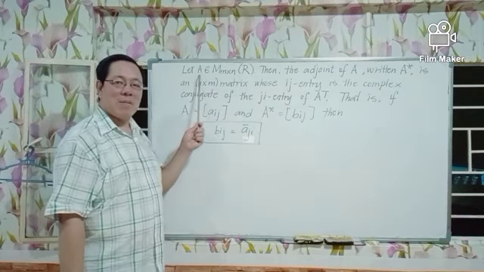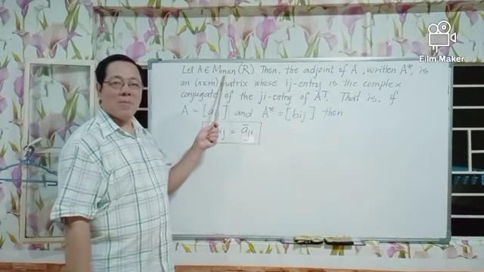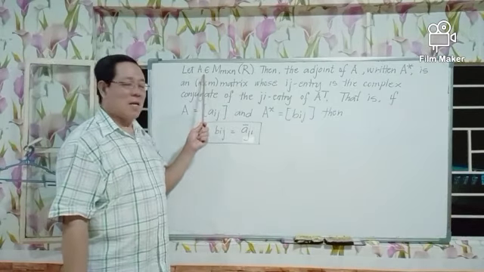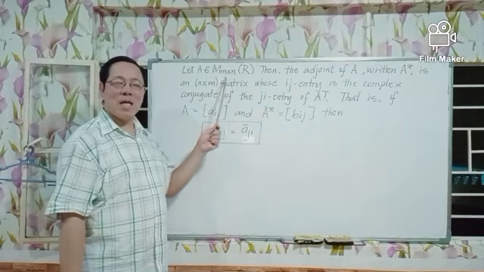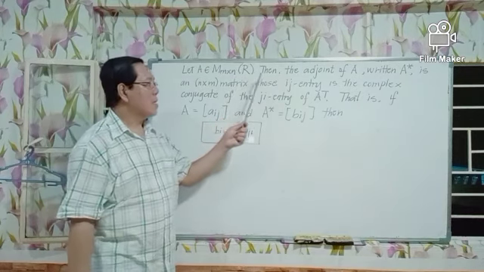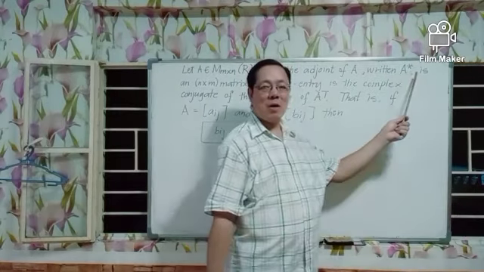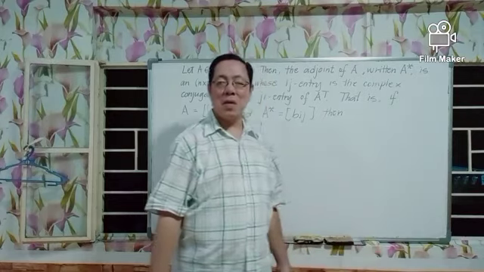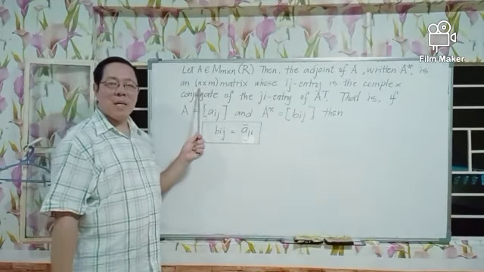So if A is an element of M sub m by n of R, then matrix A is an m by n matrix with m rows and n columns, and the entries of matrix A are real numbers. Then the adjoint of A, written A star, is an n by m matrix.